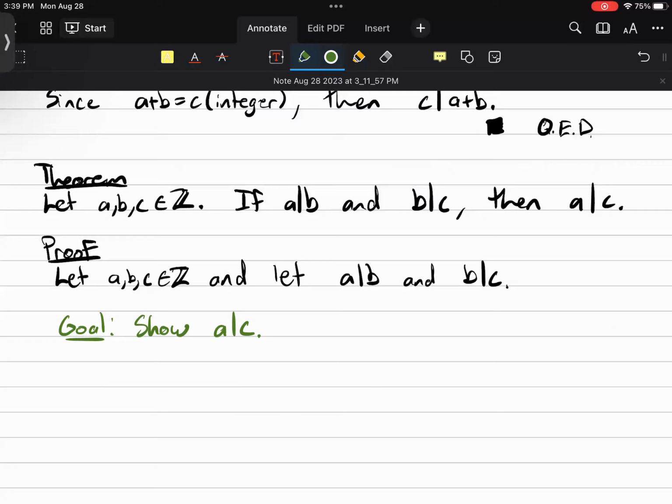So if I'm looking for A to divide C, that really means by definition, I'm looking for C to be equal to something times A. Now I just have to figure out how I can use the definitions of A divides B and B divides C to make that appear.